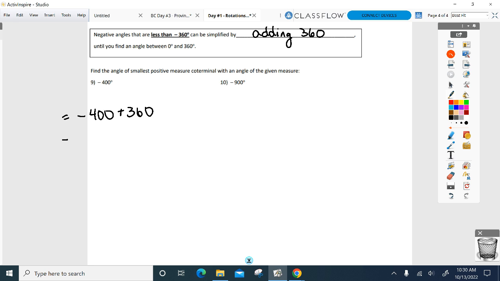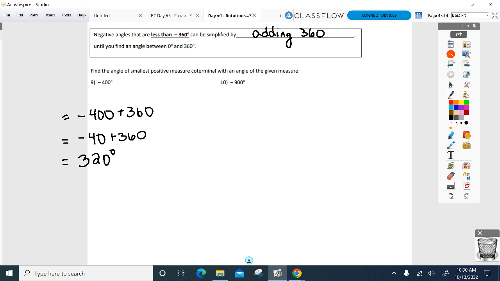What's the problem here, though? What are you going to get? Negative 40. Are you going to leave it, though? It's got to be positive, so keep adding 360. It doesn't look the smallest, but it is. 320 degrees is the smallest one. If you kept adding 360, you'd get something bigger, but we asked for the smallest one.